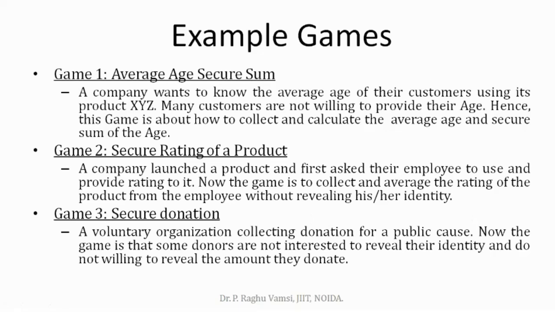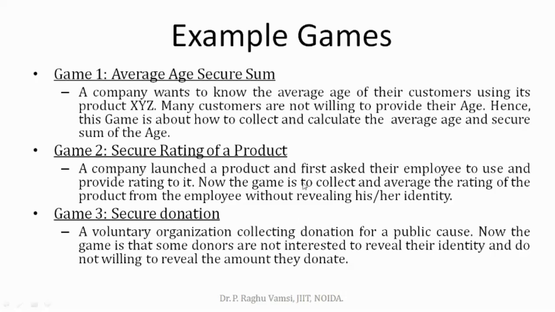Okay. Next one is secure donation: a voluntary organization collecting donations for a public cause. Now the game is that some donors are not interested in revealing their identity and are not willing to reveal the amount they donate. In the first game, only the age, only the number, is hidden.